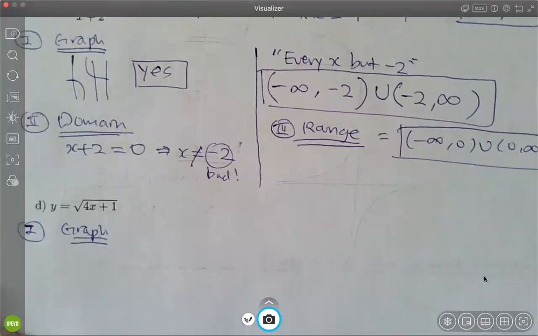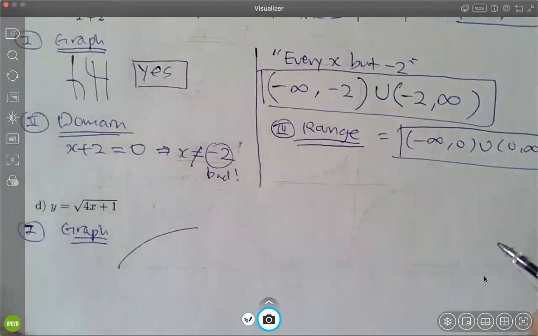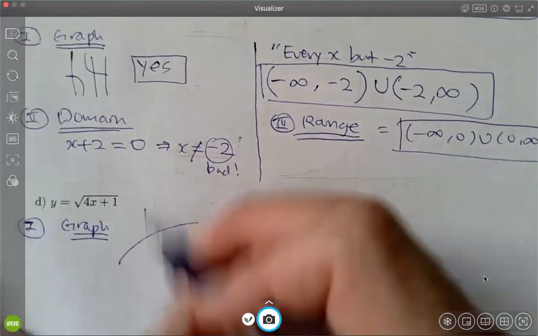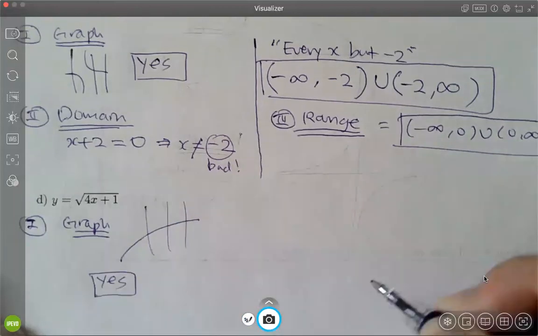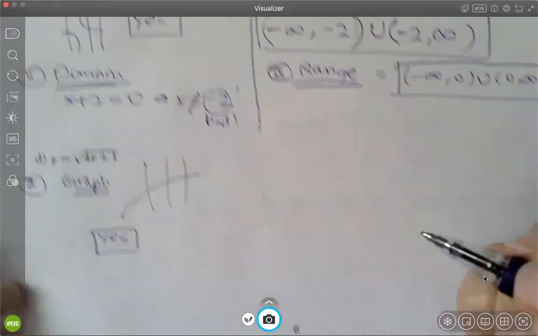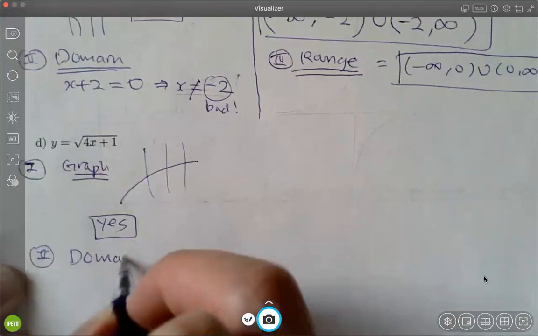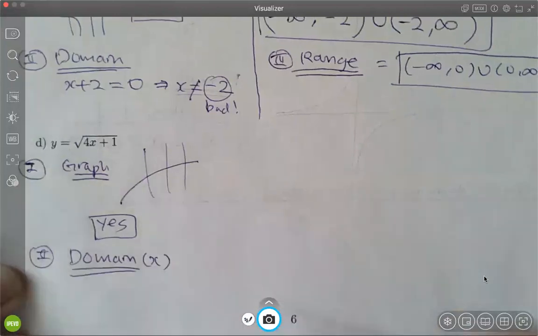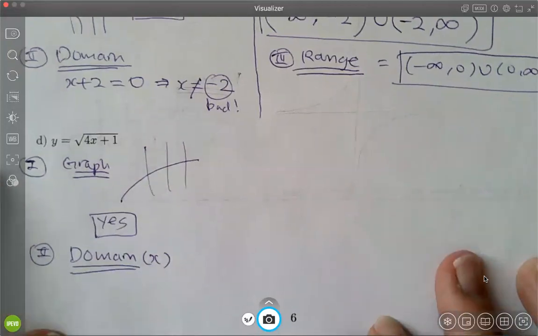How does the graph look? Like that. It passes the vertical line test, so it is a function. And now the domain, which is the x values.